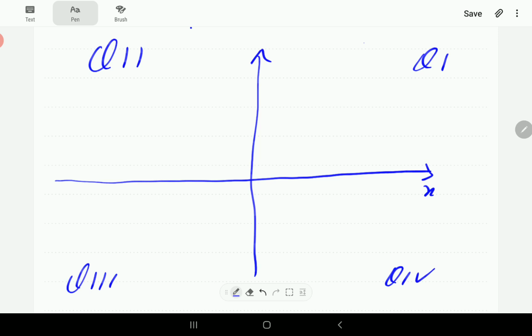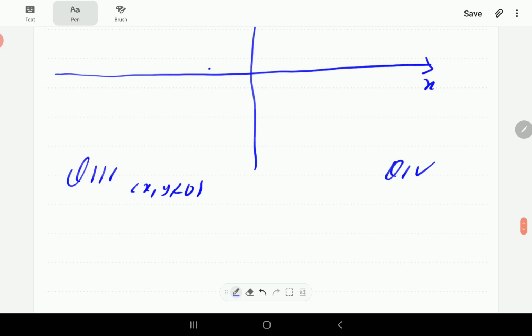We know that in quadrant 1, x and y are both positive, and in quadrant 2, x is negative, y is still positive. In quadrant 3, both x and y are negative, so x and y are less than 0. In quadrant 4, x is positive and y is negative.